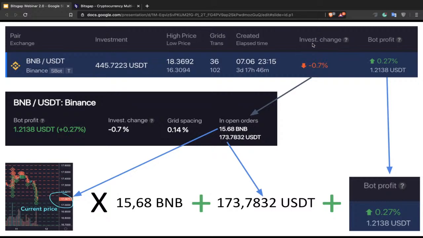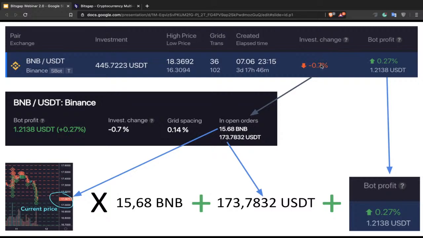So we see that the investment change is in the negative zone. It's minus 0.7%. So that means that our current value is lower than the investment that we had. So that's around, I guess, 440 USDT if we recalculate our current value of the investment. But here's the thing.